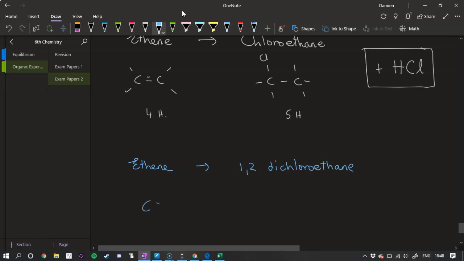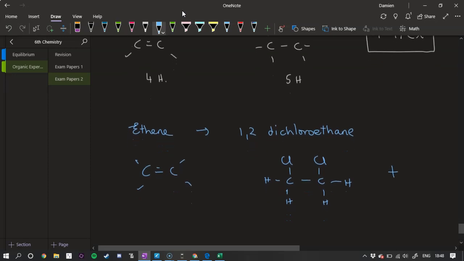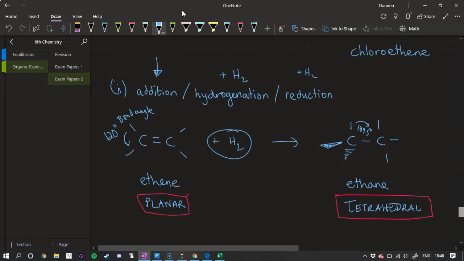And again, if you're looking at the structure of ethene and you want to get to 1,2-dichloroethane, well, the only thing that's happened here, we have the same amount of carbons, we have the same amount of hydrogens, so the only difference is there's an extra 2 chlorines. So therefore for this one, you're adding Cl2. And easy enough to work out.